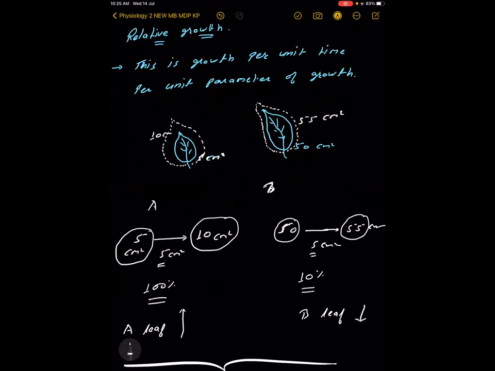They ask this diagram directly in the examination because the definition is not important here. They will give you this example directly. It is given in NCERT also. So they ask the question on the basis of this diagram, which shows fast growth, which shows 100% growth like this. Or which diagram is the example of relative growth.